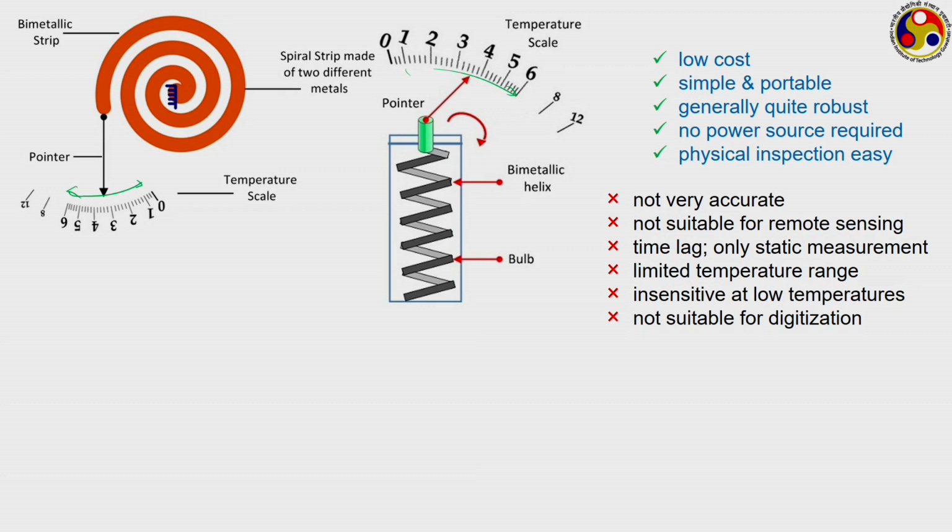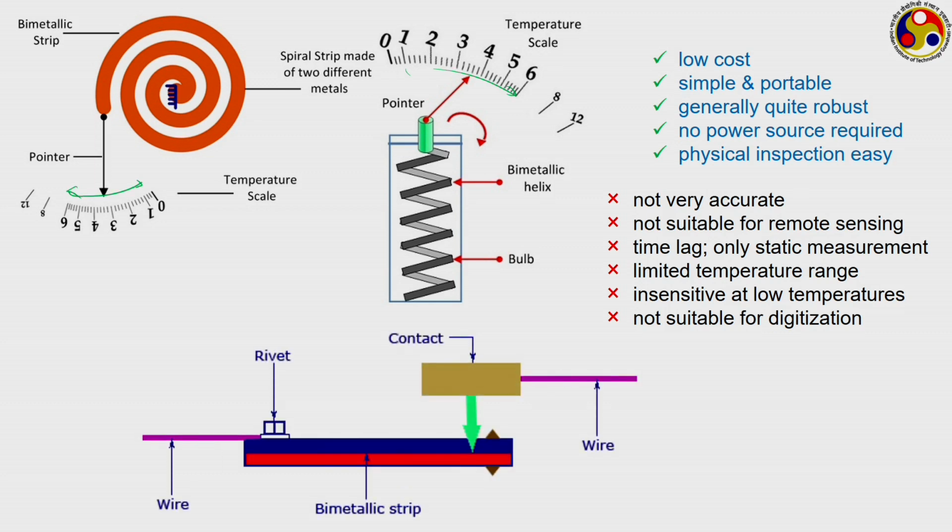So, while they can still be used for temperature measurement, they are more popularly used for several other applications as switches, something known as the thermostat. In a thermostat, we have a bimetallic strip and this particular contact. Initially it is in contact with the metal strip, but as the temperature keeps on increasing, the strip will bend in this direction, disconnecting the contact beyond a certain point and thereby stopping the flow of current through this.